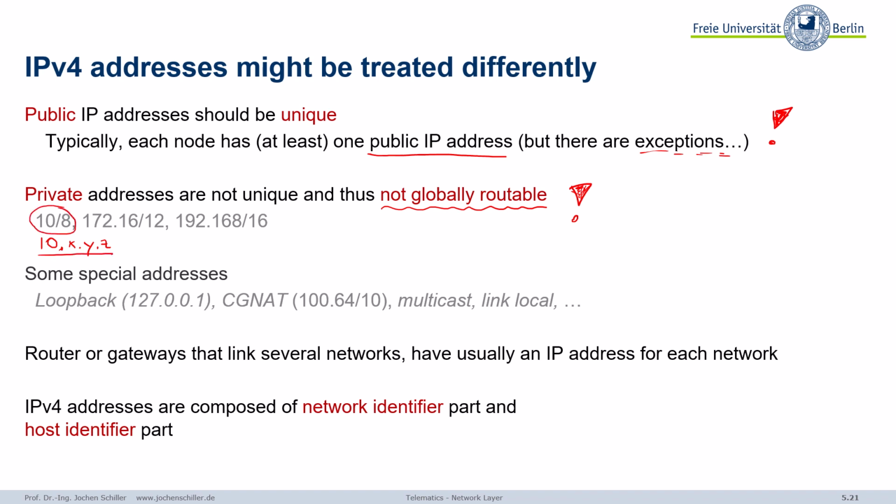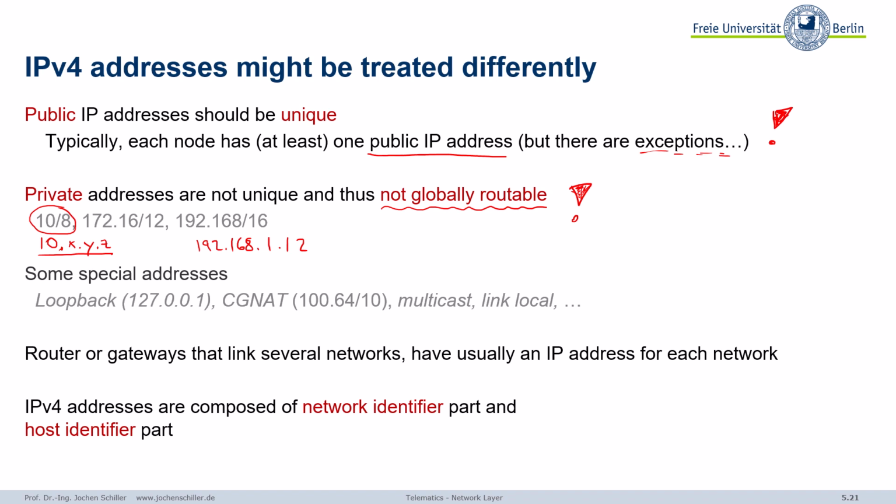So you have certain address ranges, and quite often if you look at home in your network, what is the IP address of my device? You will then find something, oh, my device has 192.1.12. This is a valid IP address, but it's not a public IP address.